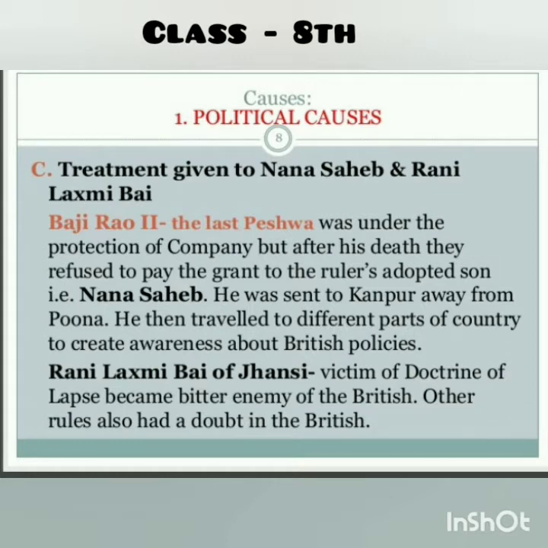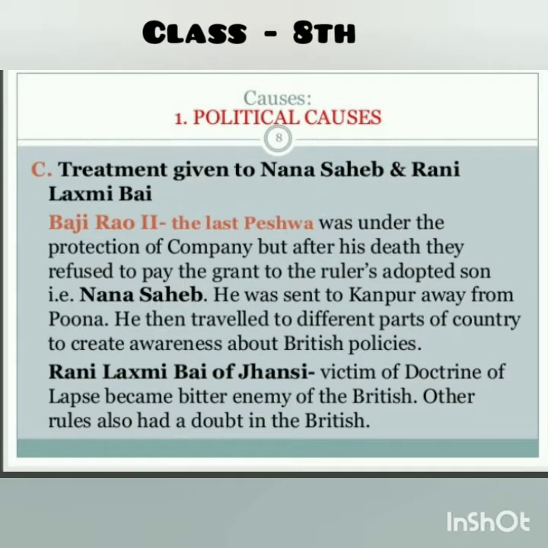Next political cause, Rani Lakshmi Bai of Jhansi became a bitter enemy of the British when her adopted son was not accepted as the heir to the throne by Lord Dalhousie under the policy of Doctrine of Lapse.